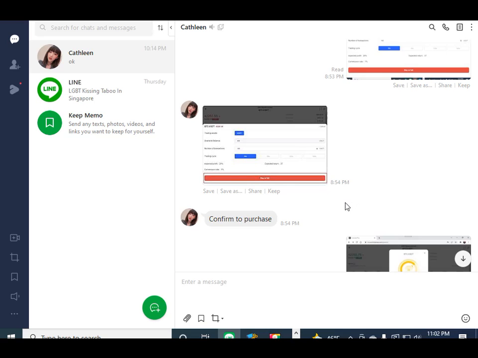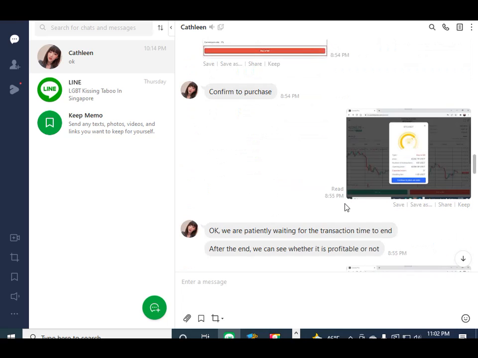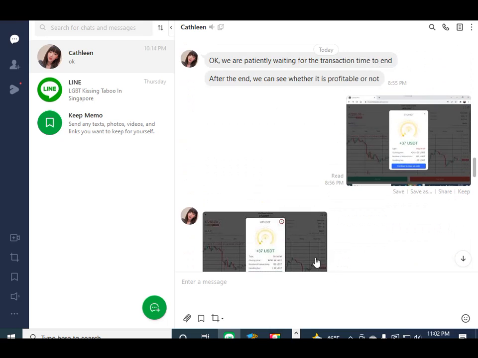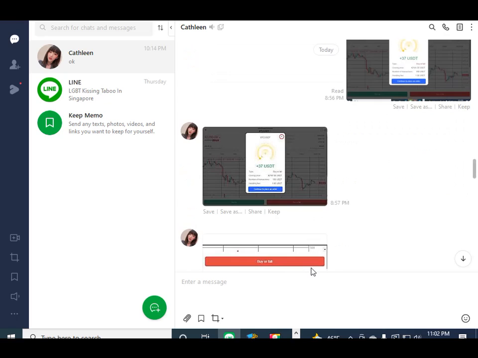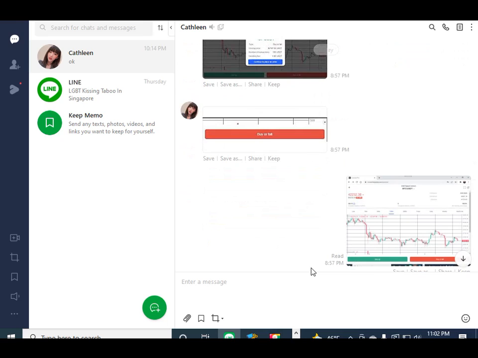Okay, confirm to purchase. Then you got the countdown here. We are patiently waiting for the transaction time to end. After the end, we can see whether it is profitable or not. Right. So it shows plus $37.